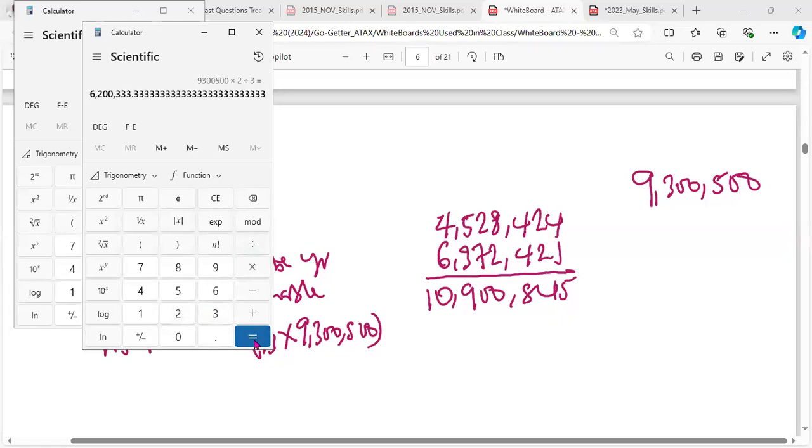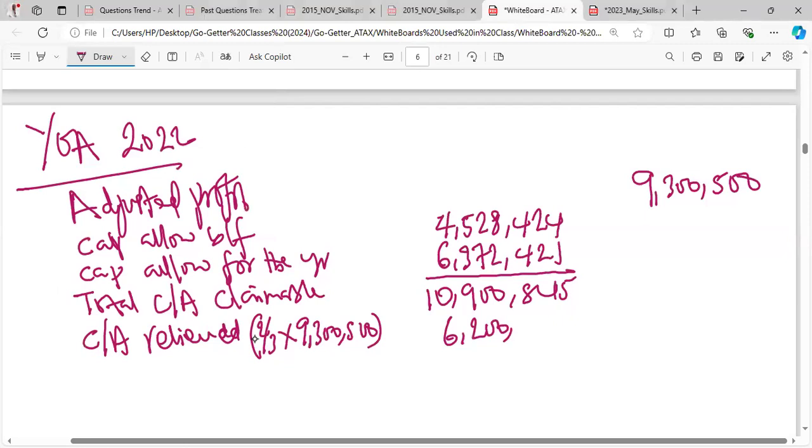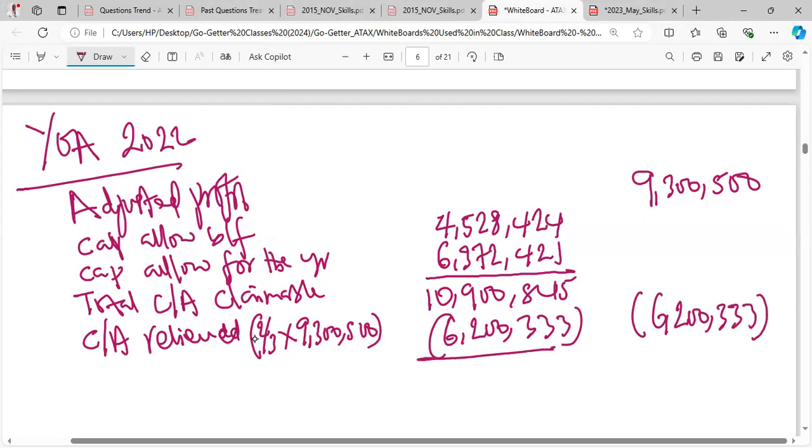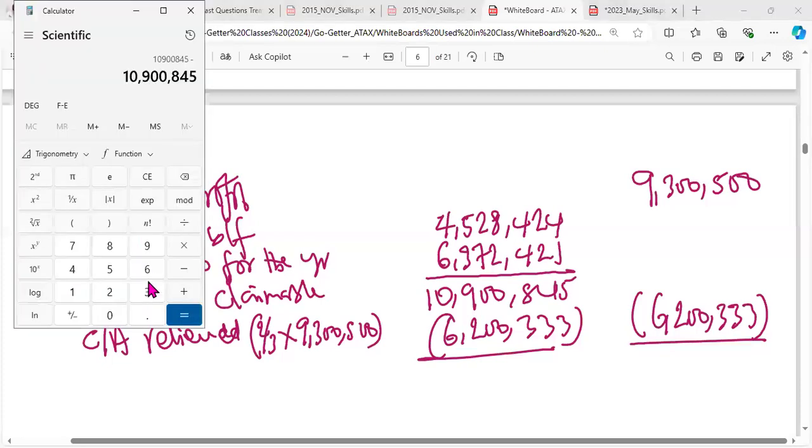That will give me 6,200,333. So let's look at the capital allowance that will be carried forward: minus 6,200,333.